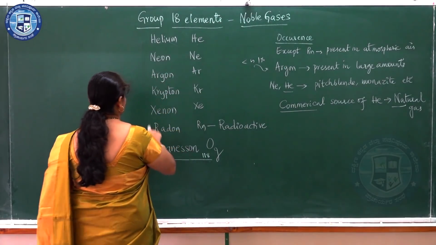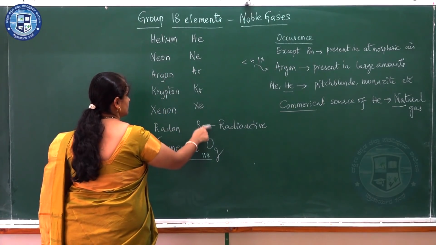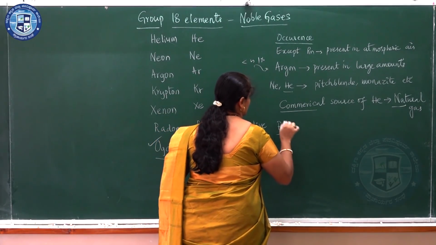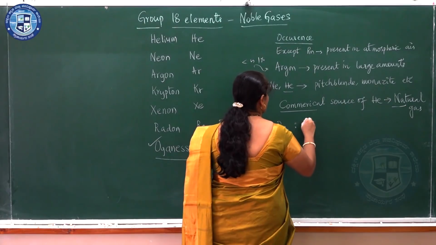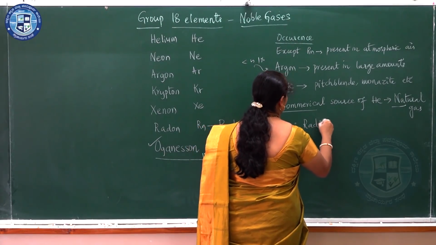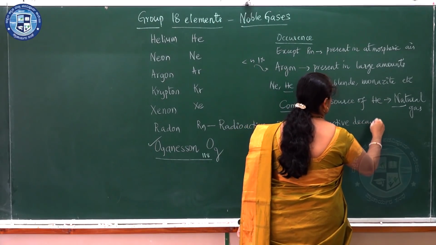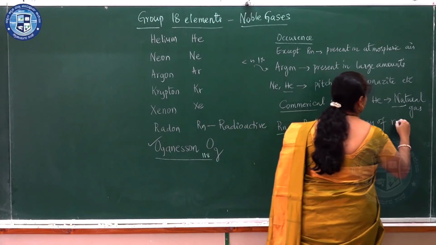Next, radon is radioactive. How do we get radon? It is obtained by radioactive decay of radium.